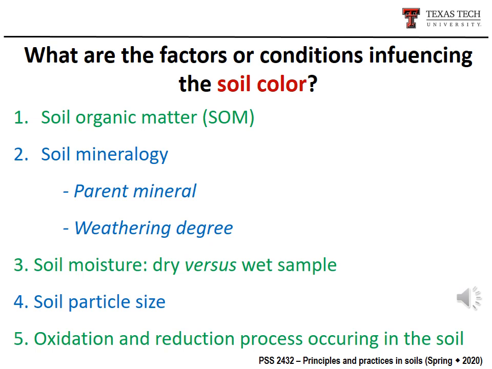Do you remember? We have 2:1 minerals, 1:1 minerals, and oxides occurring in the soil environment. And as you know, the soil minerals are influenced by both parent material and weathering degree. Okay?